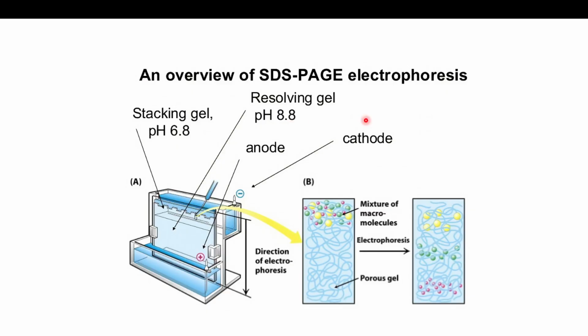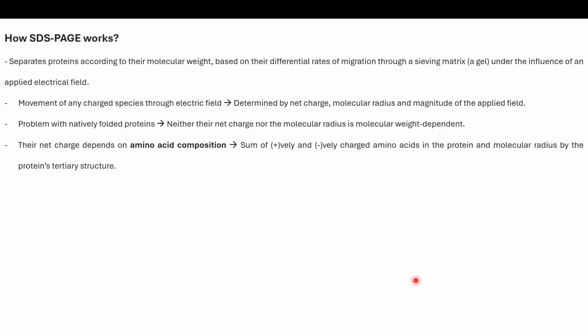The mixture of macromolecules is applied. The pink one here is the smallest one, which will eventually move the fastest, and the largest one will move the slowest on an SDS-PAGE. This is a polyacrylamide gel matrix.